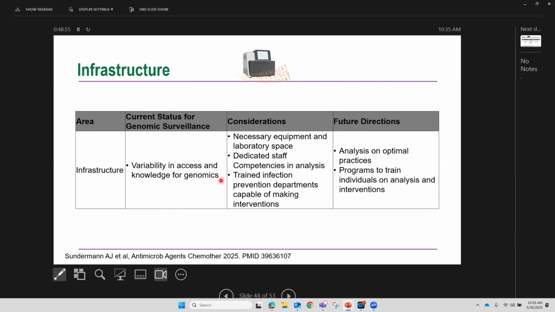And then again, I mentioned infrastructure. There are a number of companies working on providing real-time sequencing services. And it's important that these folks recognize the need to come in at a low cost point in order to make hospitals incentivized to do genomic surveillance.